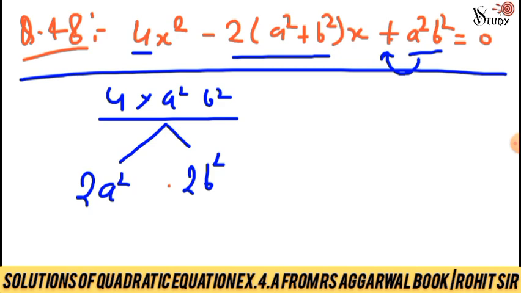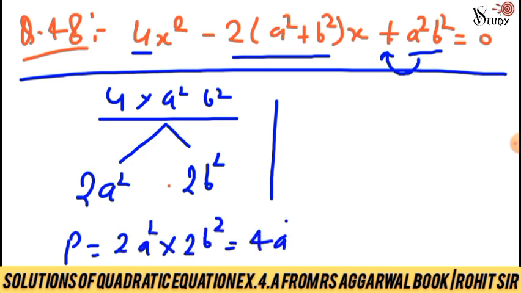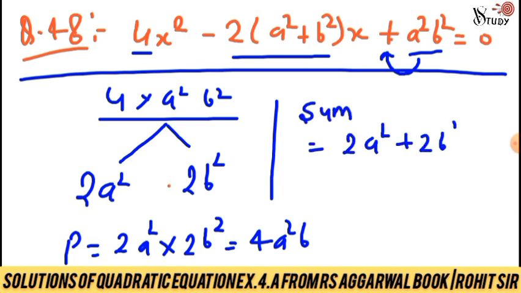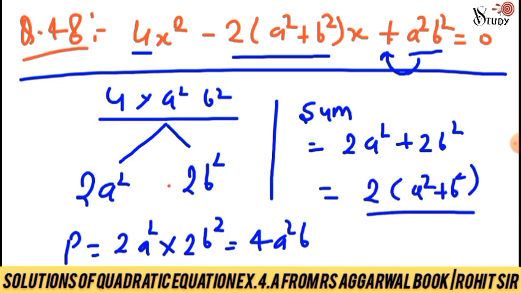Their product is 2a square into 2b square, which is equal to 4a square b square. And if we find the sum of these two, 2a square plus 2b square, that is equal to 2 into (a square plus b square). So this is the basic strategy for this question.